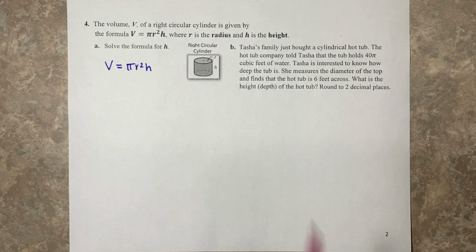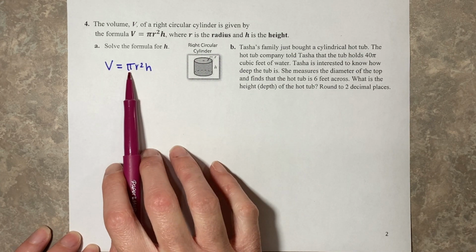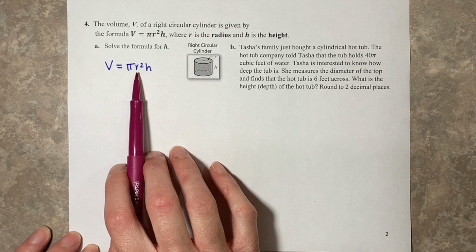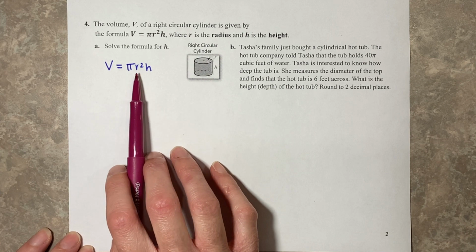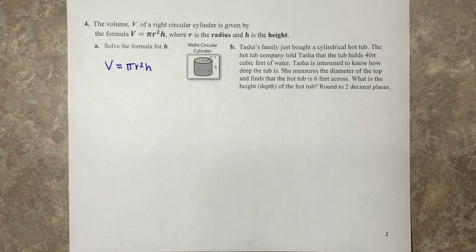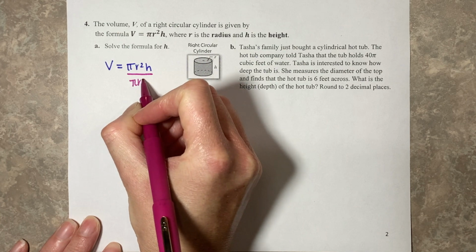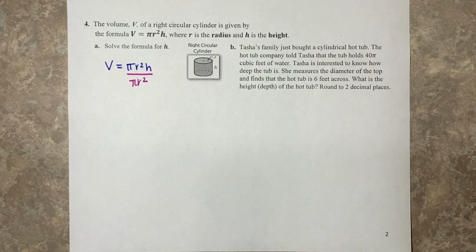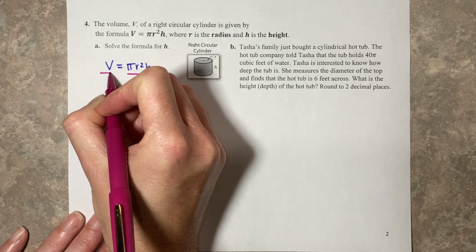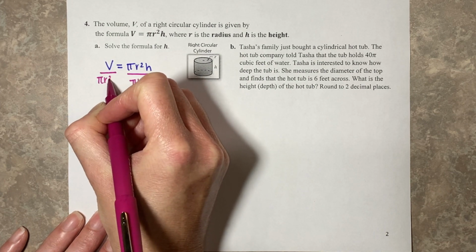So right now, h is being multiplied by pi and by r squared. So the opposite of multiplying by pi and r squared would be to divide by pi and r squared. And if we divide the right side by pi r squared, we have to divide the left side by pi r squared.